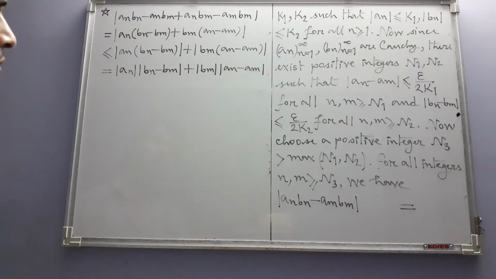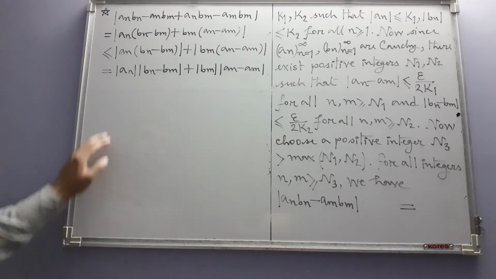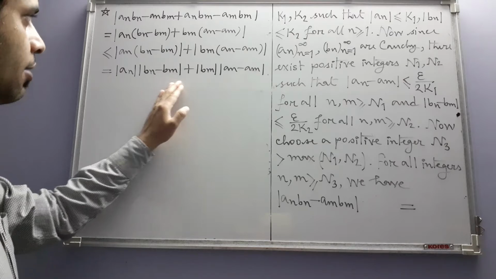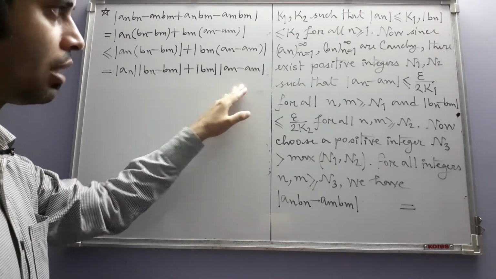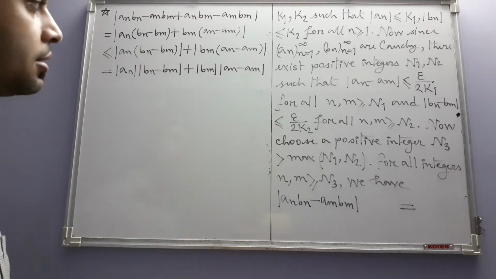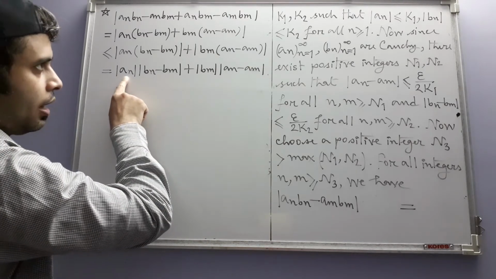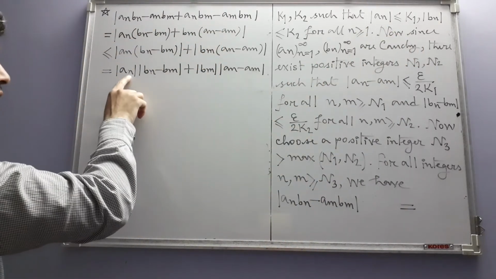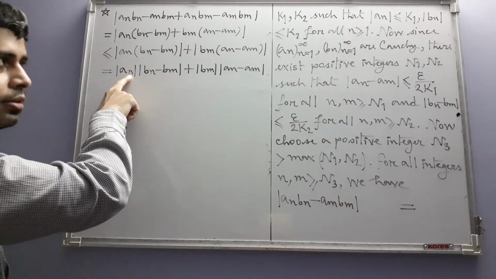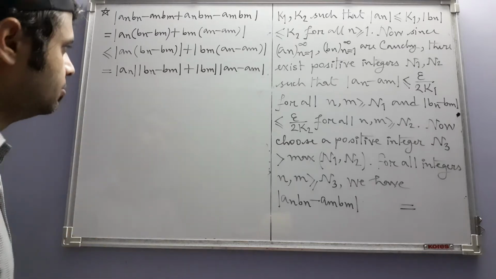Now we come to the question of how these terms are bounded or what their upper bounds are. The absolute value of an is less than or equal to k1, and that fact is independent of n. For all n, that is true.